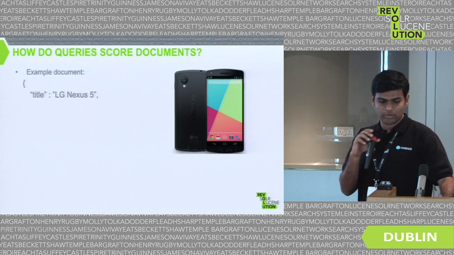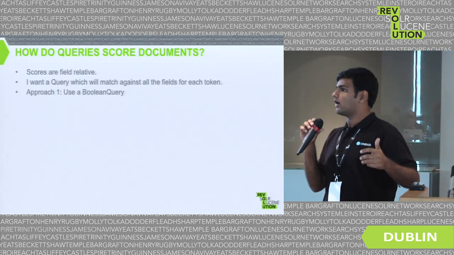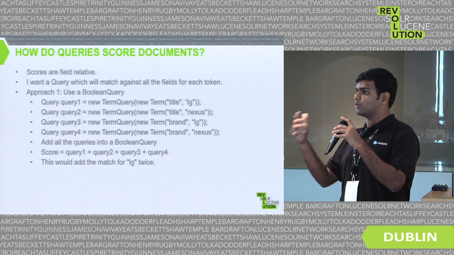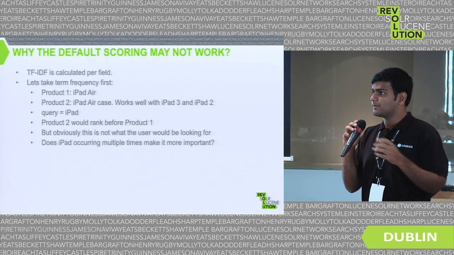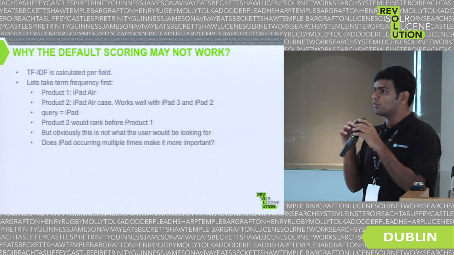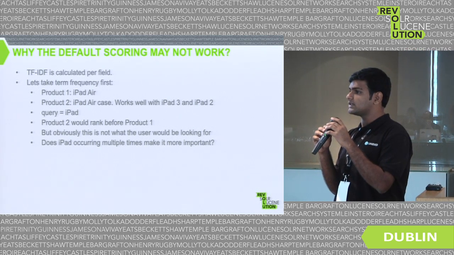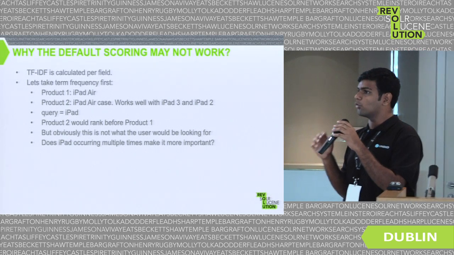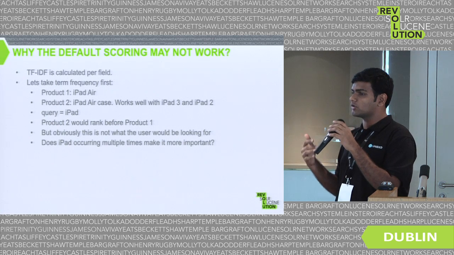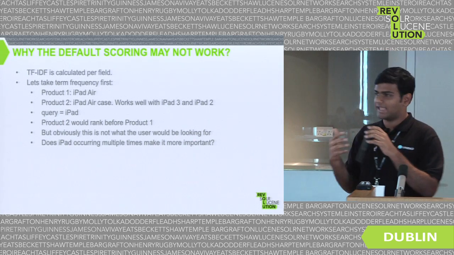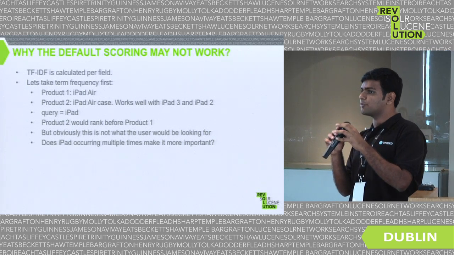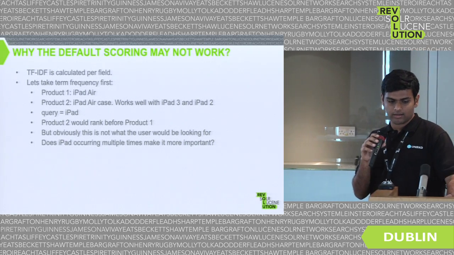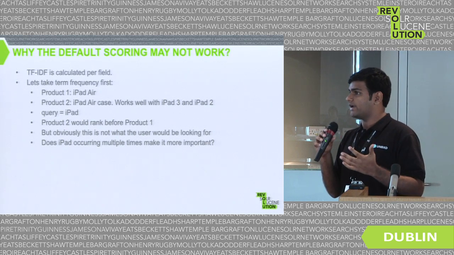So you're saying you have these products, right? And how would you make sure the iPad would come before the iPad cases? Yeah. So if the query would be iPad case, definitely, since more tokens match product 2 in this example, the iPad case would come over the iPad. But suppose you're saying the query is iPad, right?